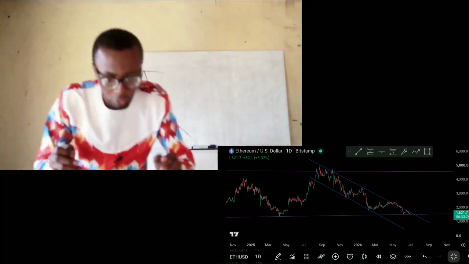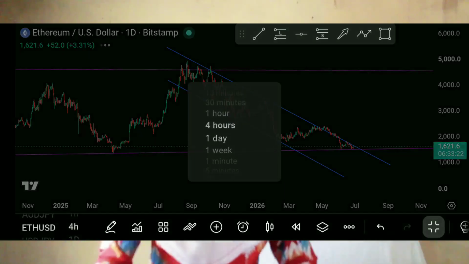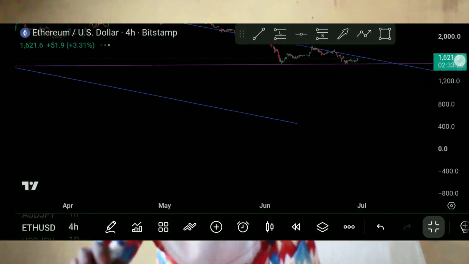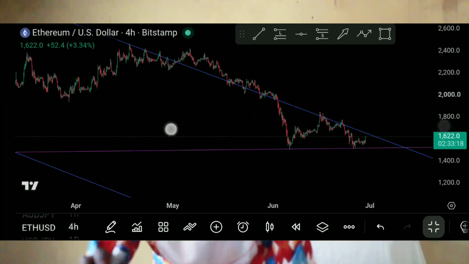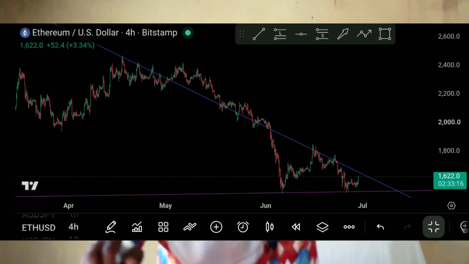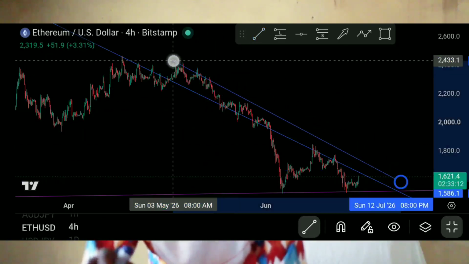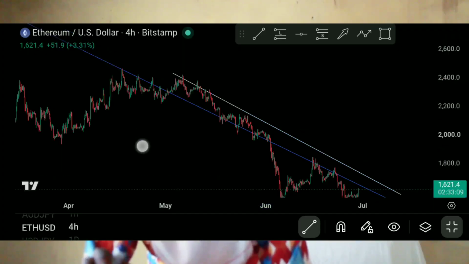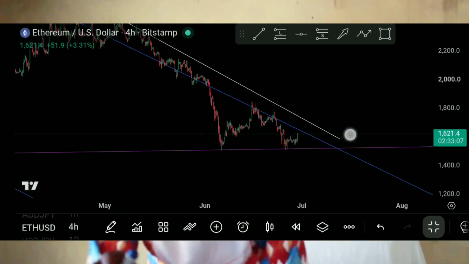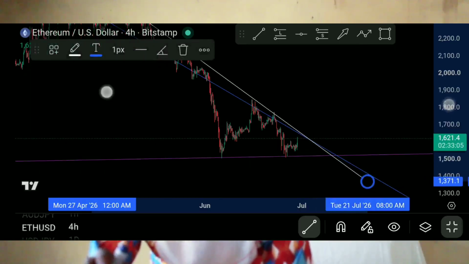Then, if we go down again to the 4-hour time frame, you will see that, let's make this one white. Let's say that this one is also facing down.